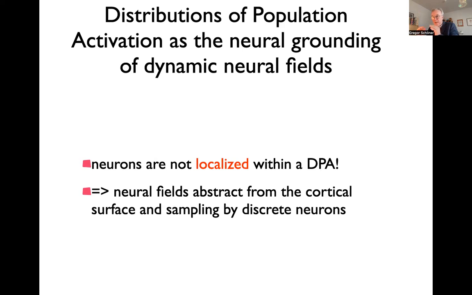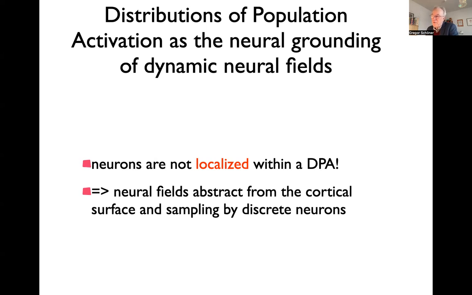So when we're looking at the field, loosely we sometimes said a field location is like a neuron, but that's not really true. It's a more abstract picture: at any location in the field, multiple different neurons are contributing to activation at that location, all those whose receptive fields or tuning curves overlap at that location.